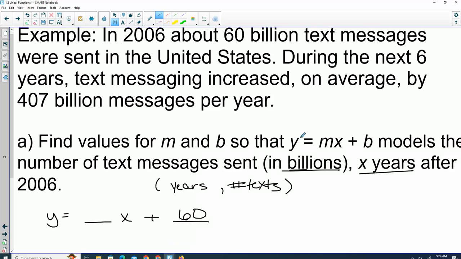Your slope is telling you how it's changing. What is the change in this? It's increasing, so is the slope positive or negative? By how many? So my slope is positive 407.